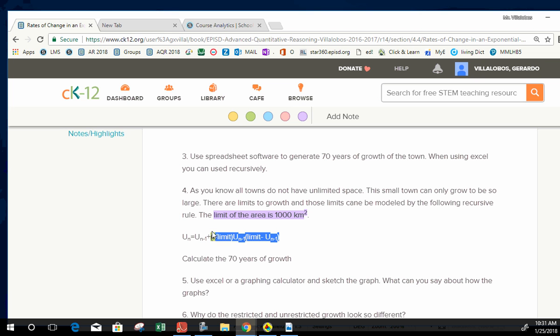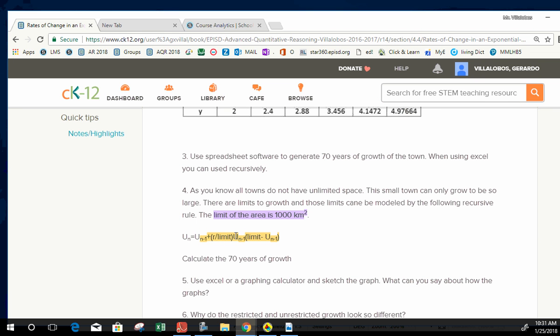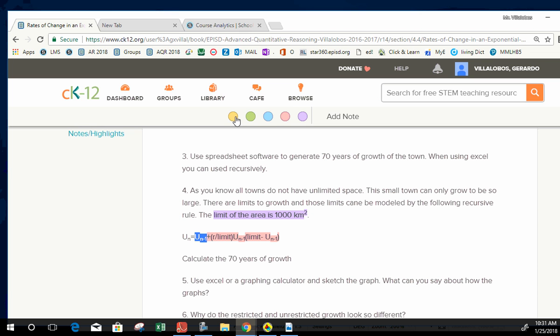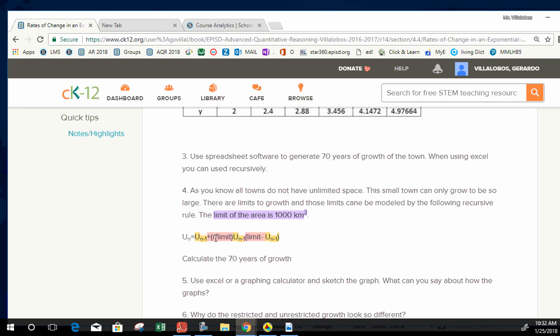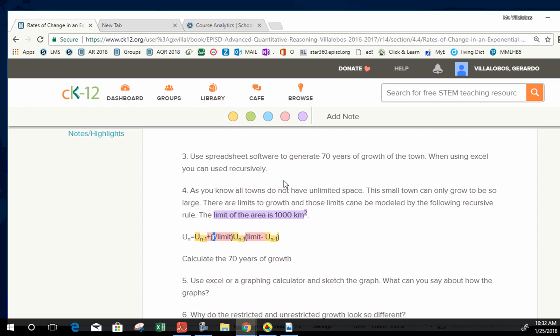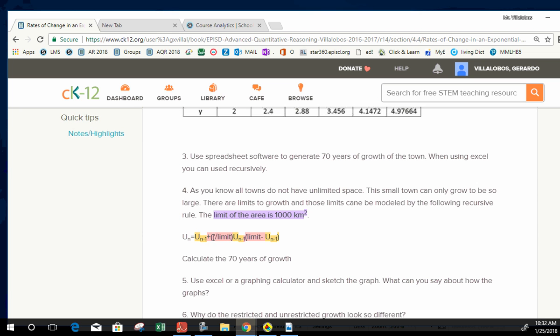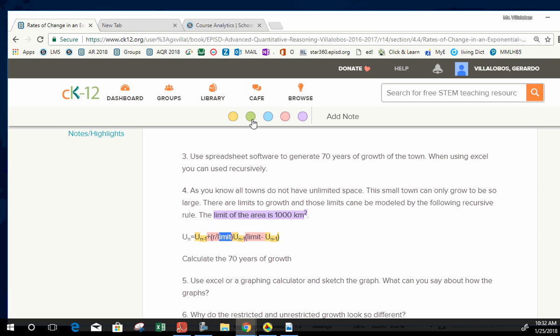So then this can be equal to, let's read that again. It was the previous term in yellow, and the growth rate in blue, and the limit in green.